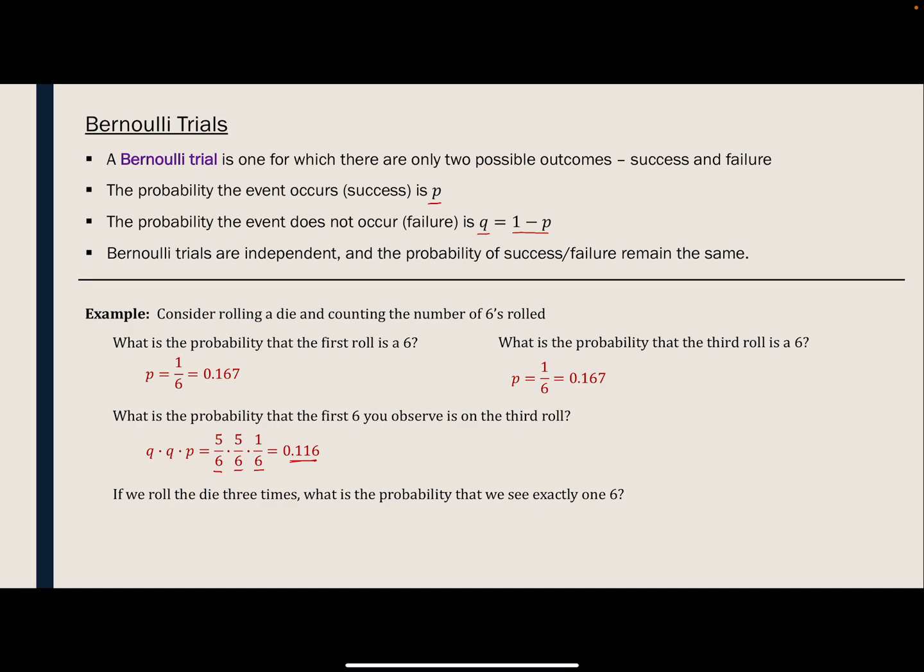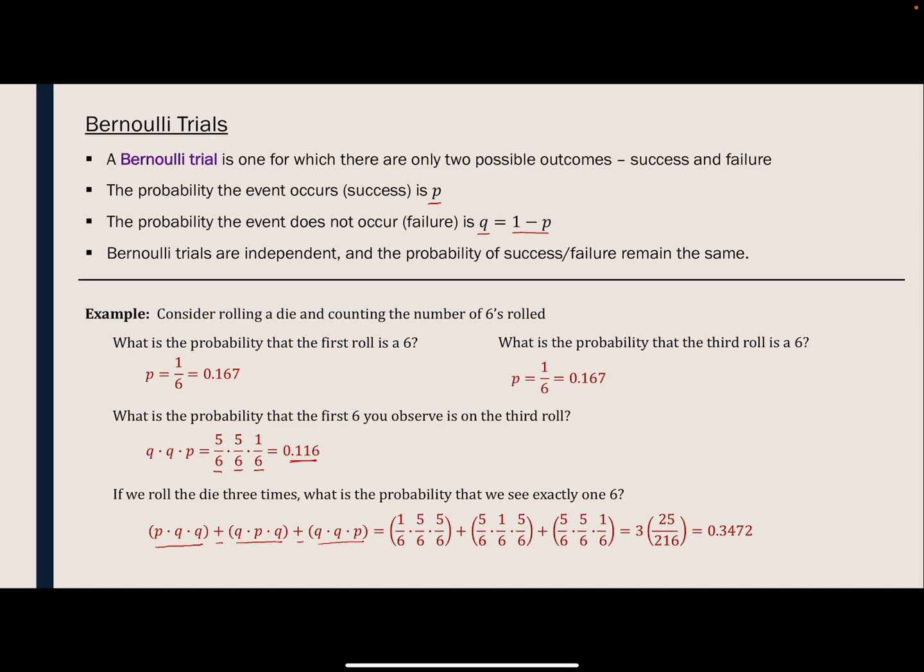Our possibilities are that we observe the 6 on the first roll and not the second and third. So we have a success, a failure, and a failure. Or we have a failure, a success, and then a failure. Or we have 2 failures and then a success. Those are the 3 ways that we can see exactly one 6.